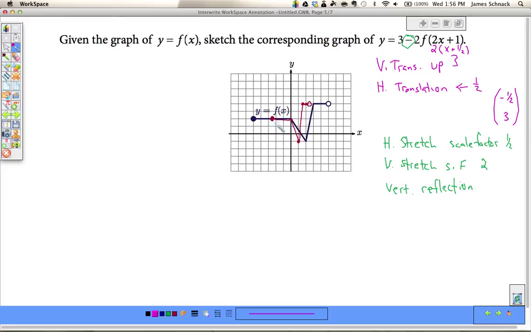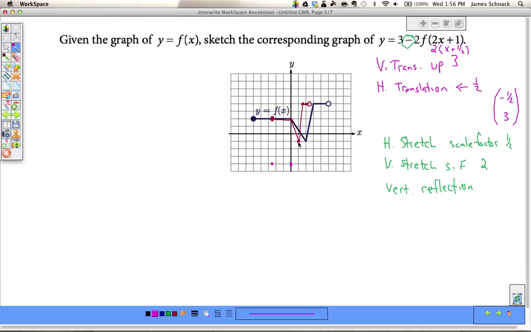I'm going to reflect and stretch at the same time. So I'm going to make them twice as far away. This point is going to double in height. It's at a height of 2. I want to go twice as far away, so it's going to jump up to 4, but then reflect, so it's 4 units under. 1, 2, 3, 4. Same with this point. It's going to go twice as tall, but reflect.